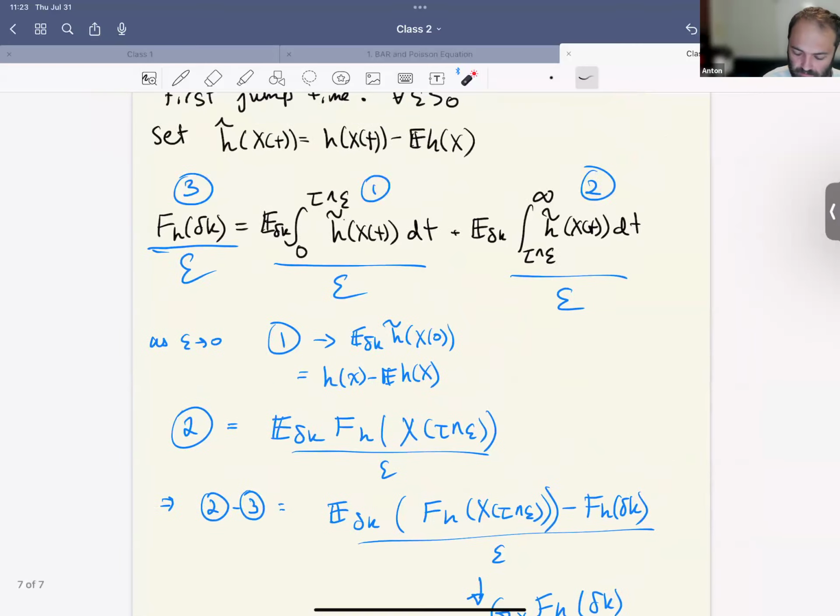Okay. So this is a fairly straightforward argument, and this involves really the strong Markov property and the tower property.